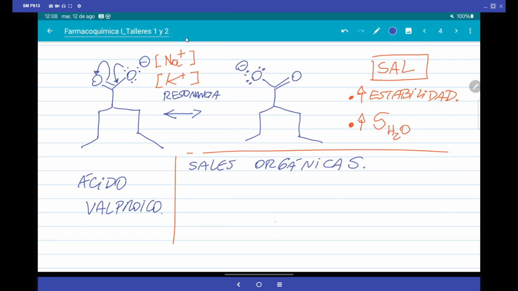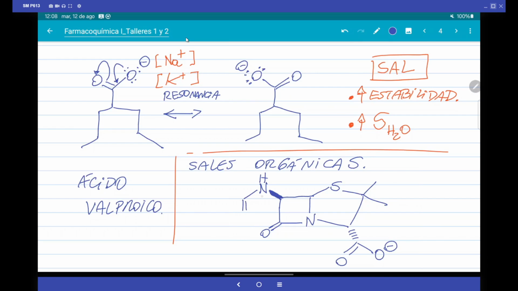Let's see. The next case. Well, here, that is connected by another carbonyl group.